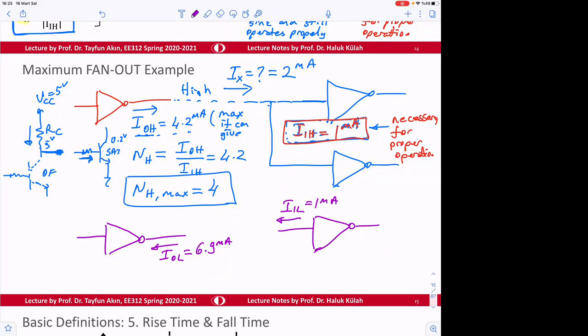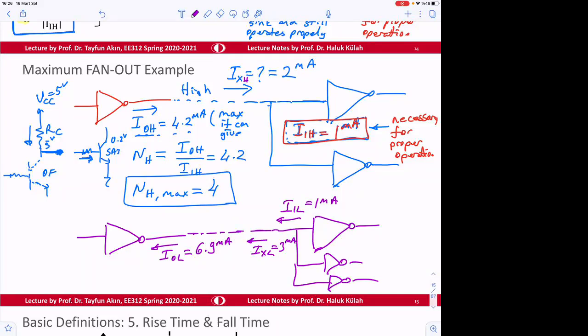Okay. And then when you connect here, what is the current here? I X low. Let's call this thing IX high. If you have one of them, that's going to be 1, right? So if you connect 2 or 3, this is going to be 3 milliamp. Okay.